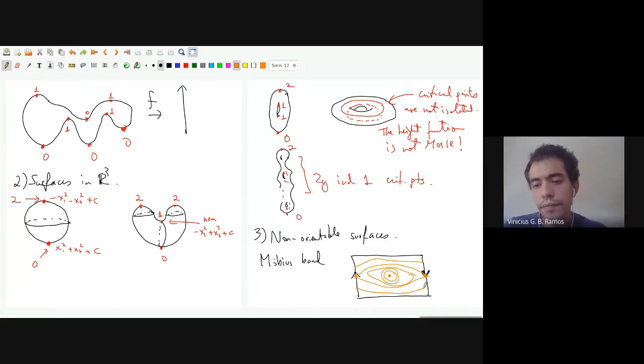Sorry, this picture is not very good, but the point is that I can fill this with level curves that are going up, where this guy here is the minimum. And this point here, which is the same as this point here, is a saddle point.